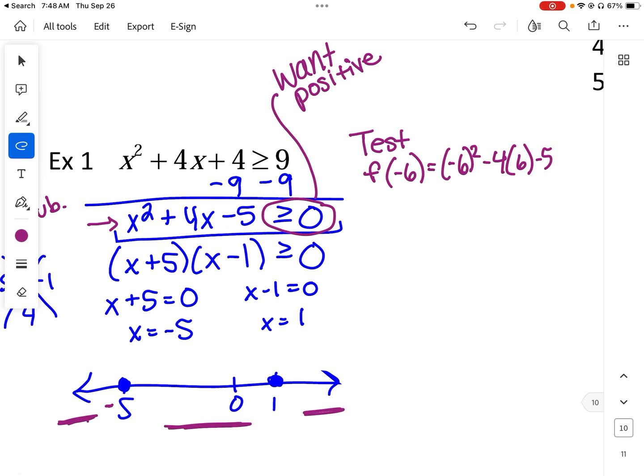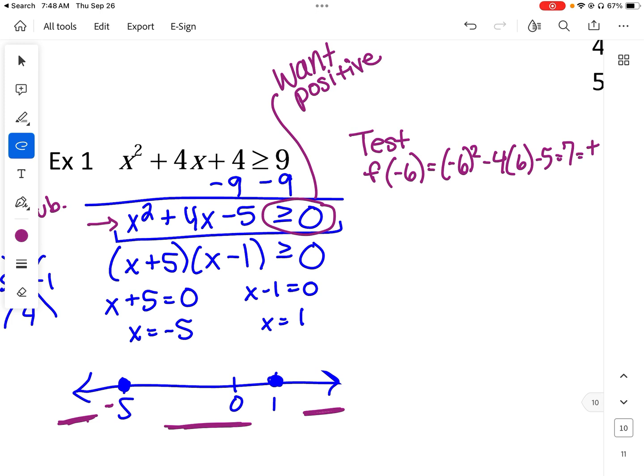So let's use the calculator. And I got 7. So since it's 7, it is positive.